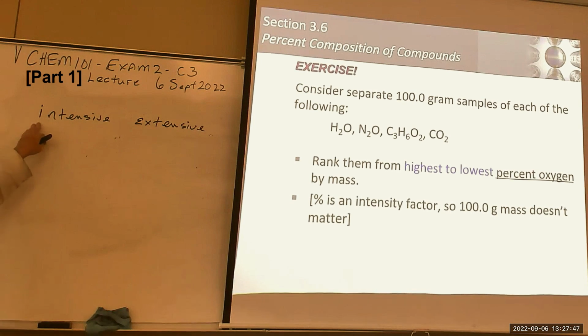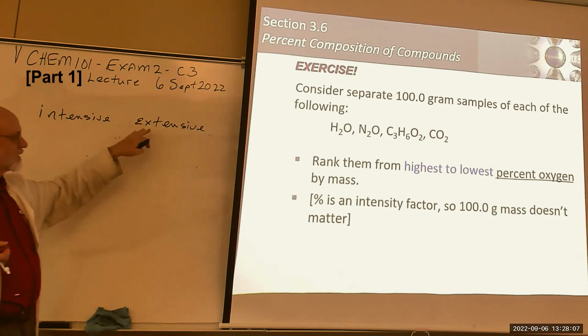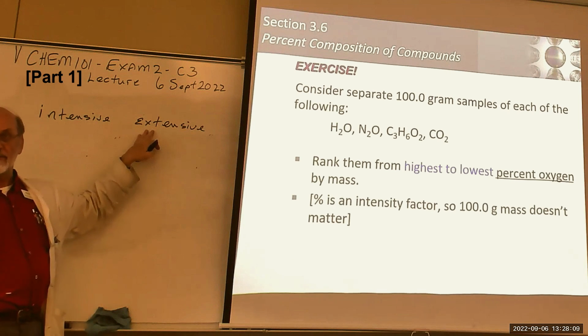An intensive property doesn't matter how much of the substance you have. It will not change, like density. If you have a gold ring, it'll have a certain density. But if you have a big block of gold, it'll have the same density. Density won't change. That's an intensive factor. An extensive factor is one that does change with the amount.